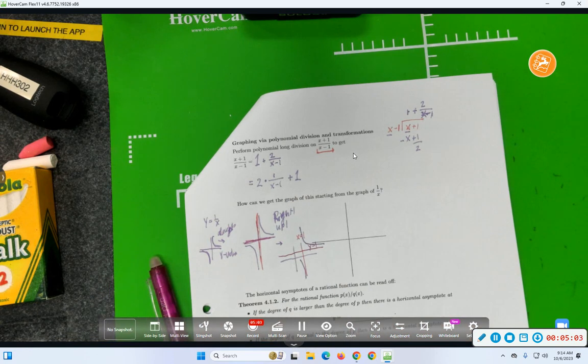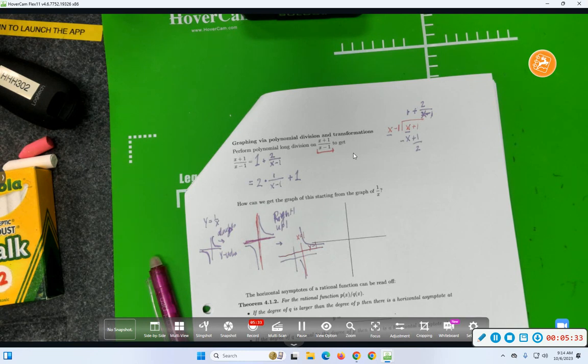The problem doesn't say anything about having the right intercepts, but I'm going to be picky and try to have the right intercepts. Whenever you do these graphs by transformations, maybe the intercepts don't come along for free all the time. How would you find the y-intercept of this thing? Plug in 0 for x.